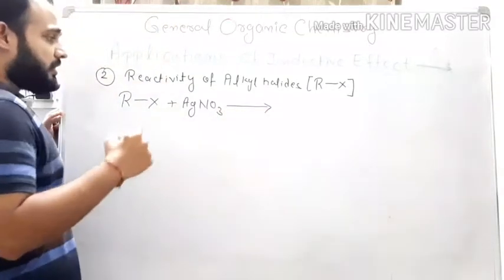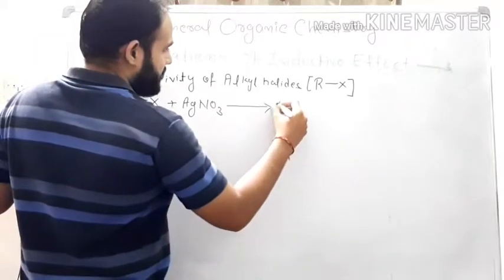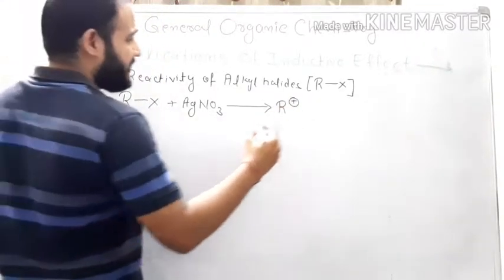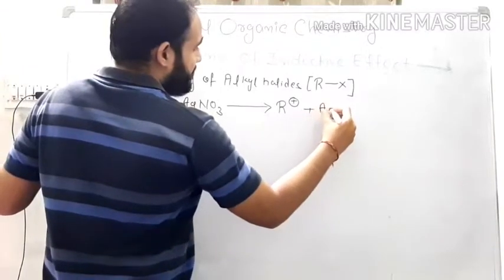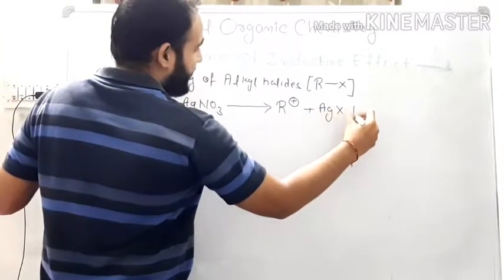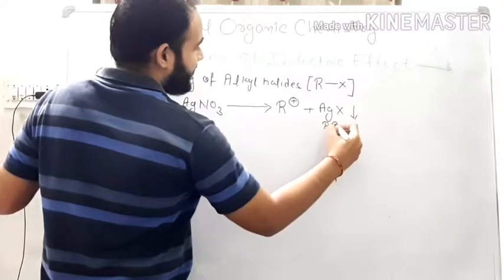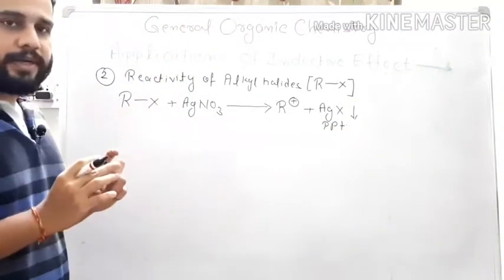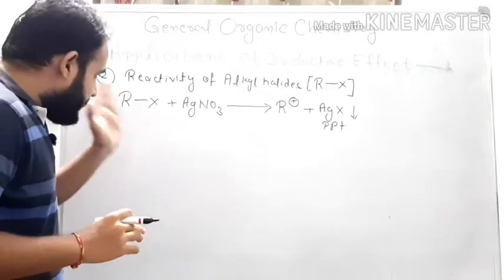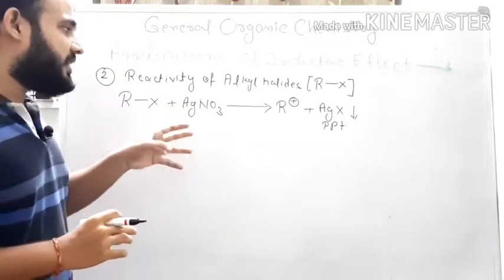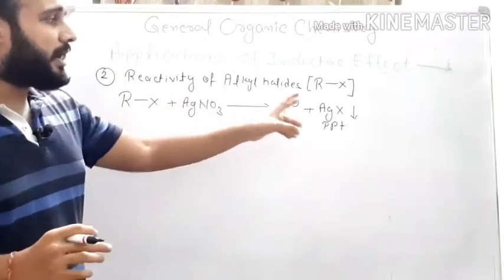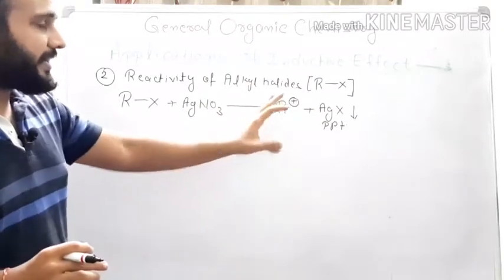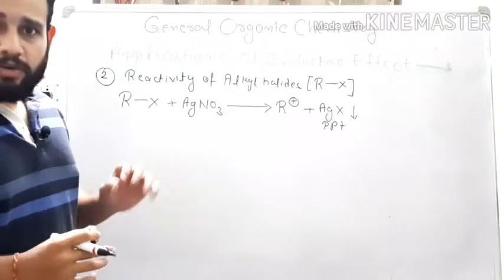In this reaction, formation of an alkyl cation occurs and a precipitate of silver halide is obtained. Understand? The reaction of alkyl halide with silver nitrate forms a precipitate of silver halide, and formation of alkyl cation occurs.